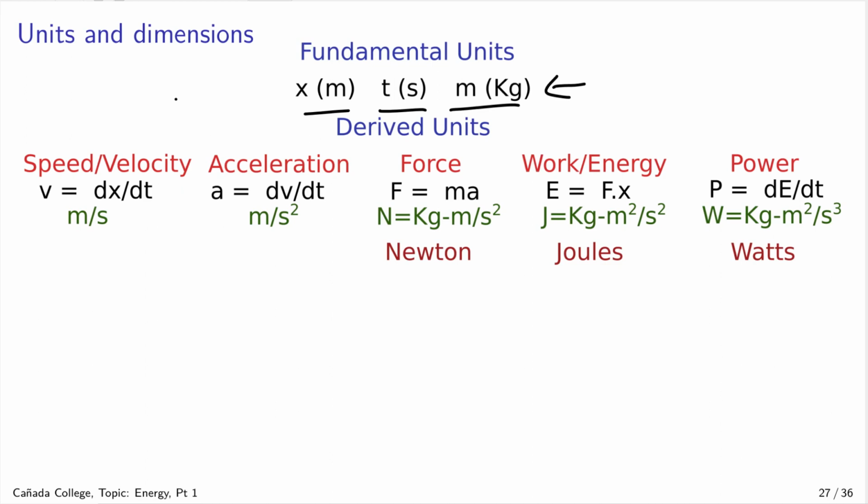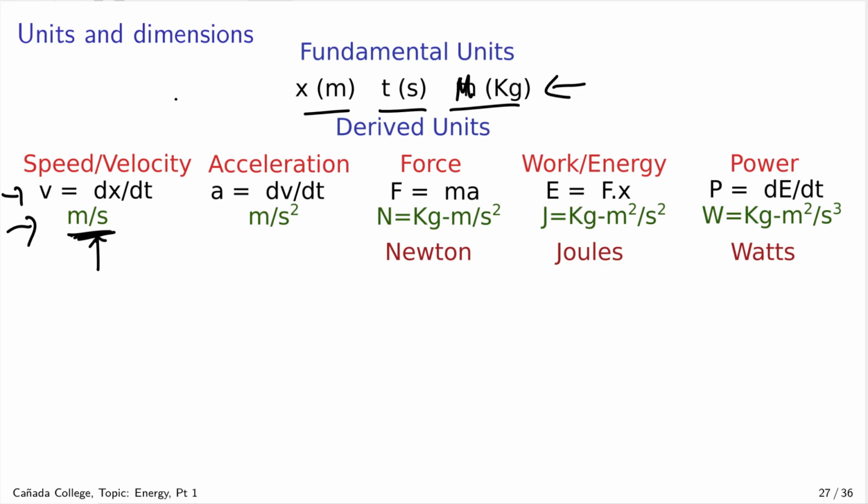So here's the first one, where we have defined velocity, which is the rate of change of distance with time, and you can see it's a ratio of x divided by t, and so you get meters per second as the units here. You may want to use uppercase M so that you distinguish between mass and meters, but remember, we have a formula here and we have the units for the formula down here.